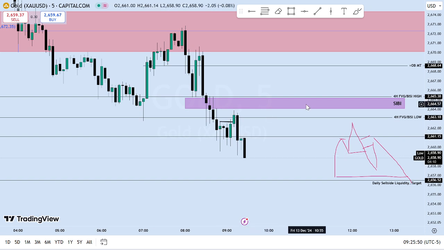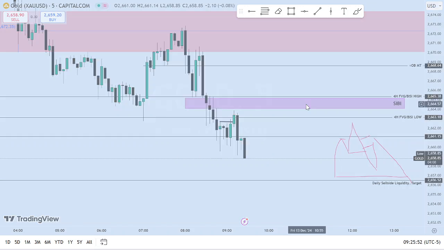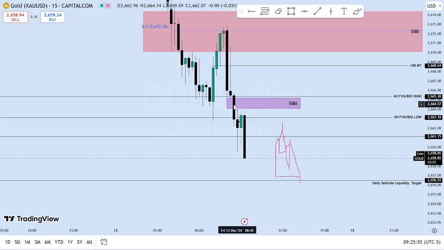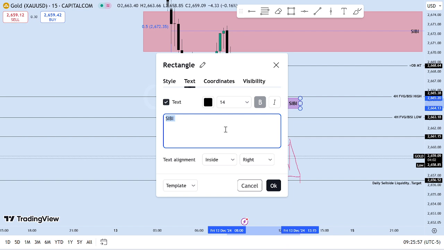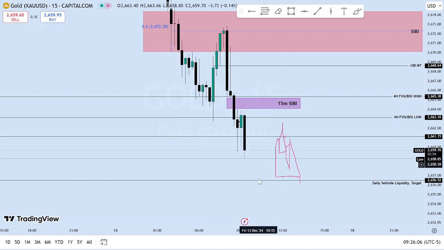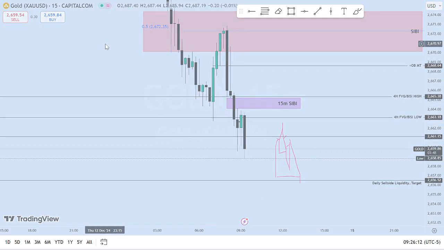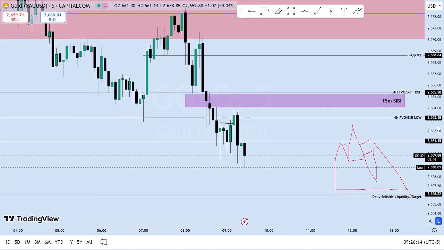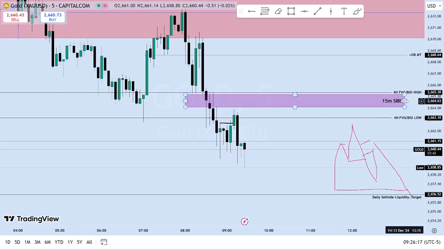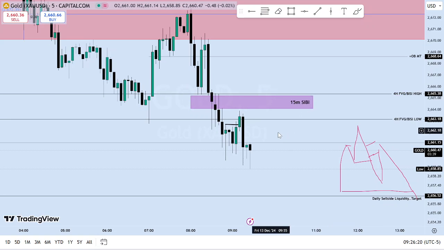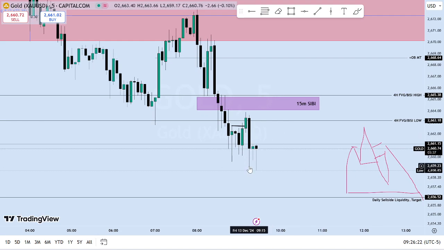Then here on the 15 minutes CB over here. At 15 minutes CB, price is coming to this daily sell side. That is 15 minutes CB. You are taking this low.